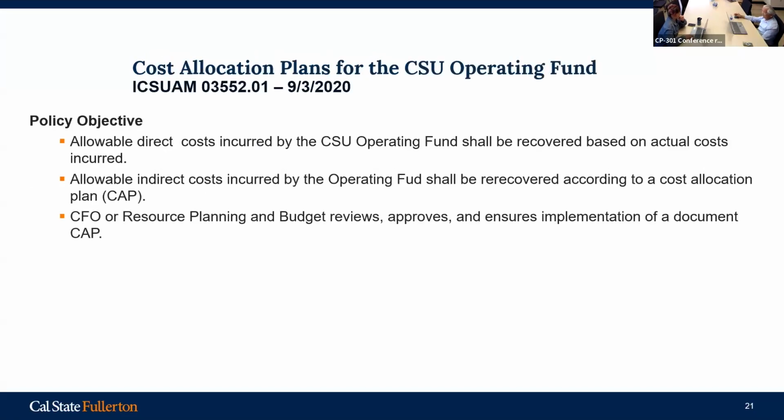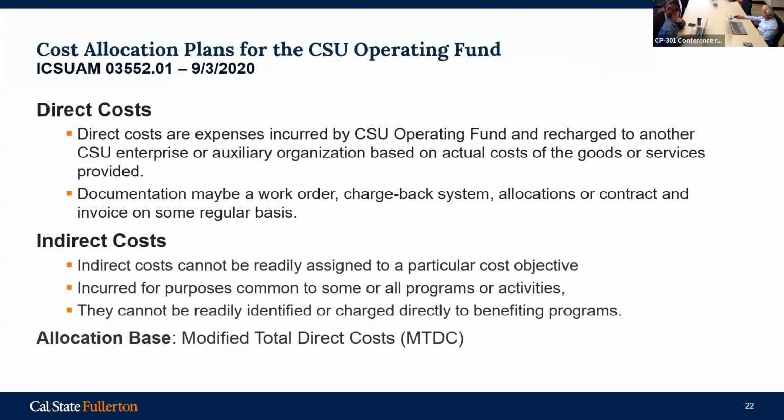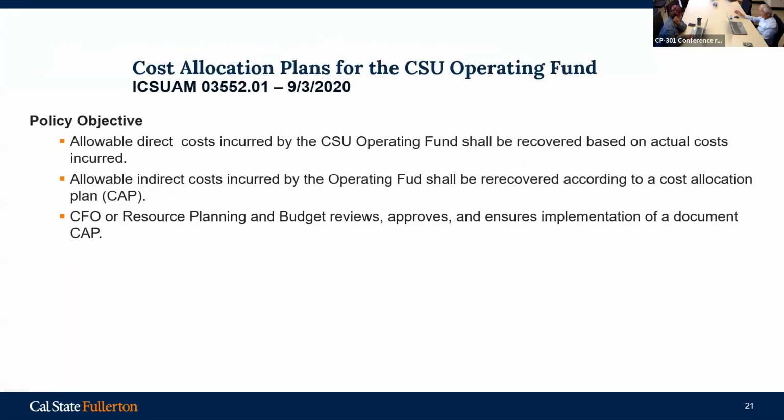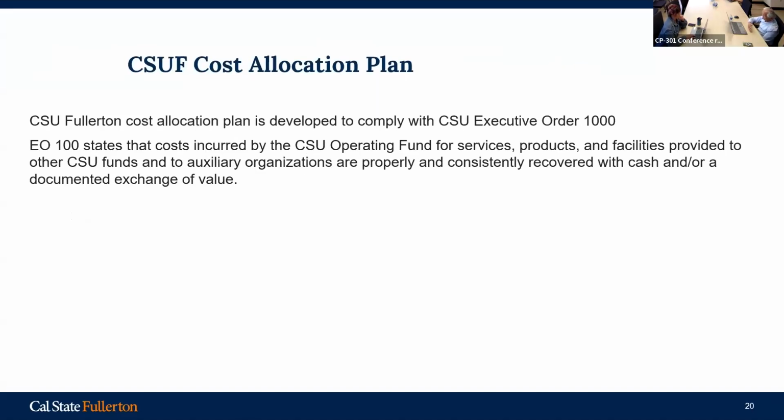And that's the gist of the Executive Order. And the good thing about the Executive Order 1000 is that each campus has to do it in terms of their own specific cost structure. It doesn't mandate a universal way of doing it.